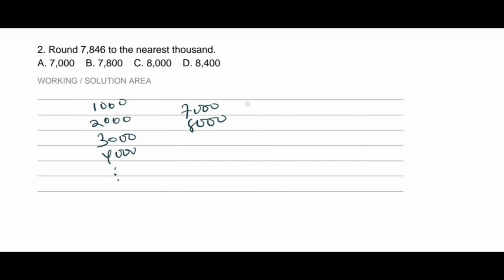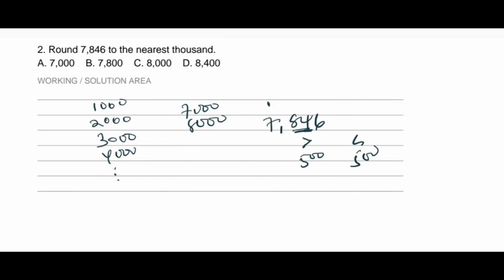We first look at the main number. The main number here is 7, because we have 7, 8, 4, 6. Then for the rest of the number, you ask yourself whether it is greater than 500 or less than 500.